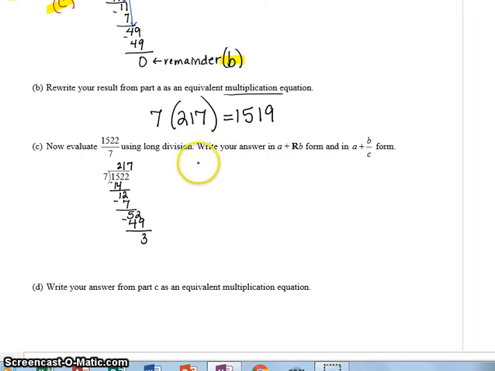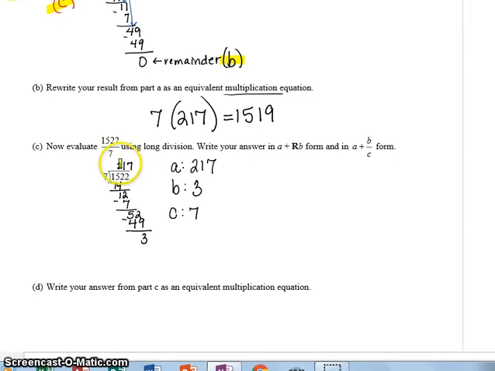Alright, so remember, our A is our quotient. That's 217. Our B is our remainder. Our remainder in this case is 3. And our C is our divisor, which is 7.